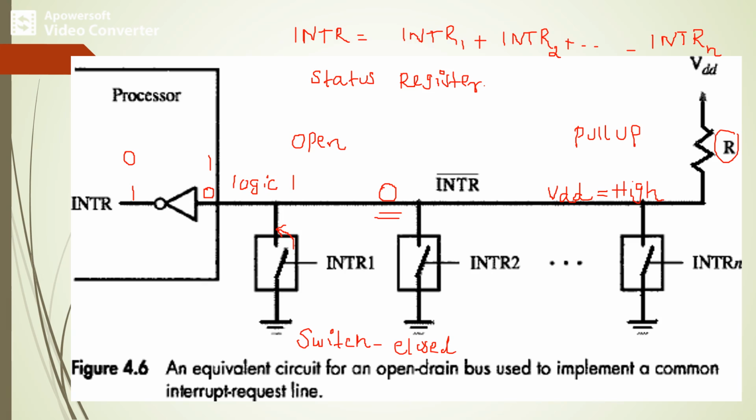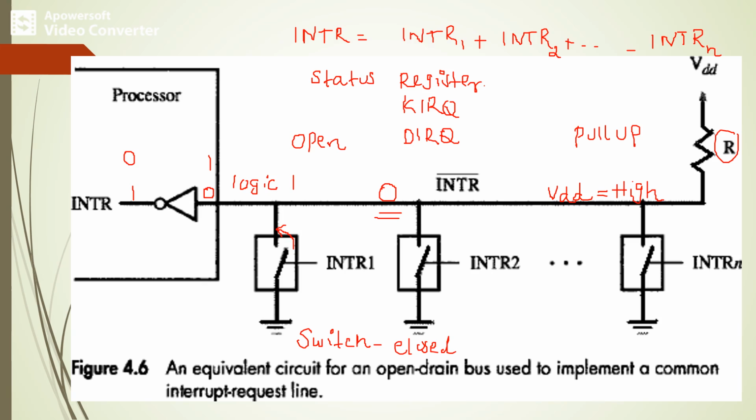For the keyboard, the status register has a single bit called KIRQ, and for the display we have DIRQ. These two bits are used to raise an interrupt with respect to the keyboard as well as the display. If any of these bits is 1, the particular device has requested service.